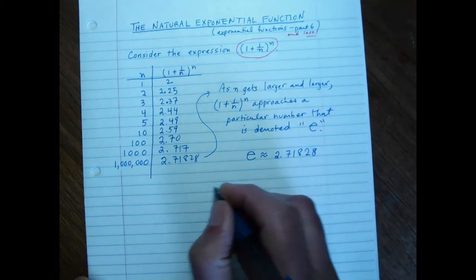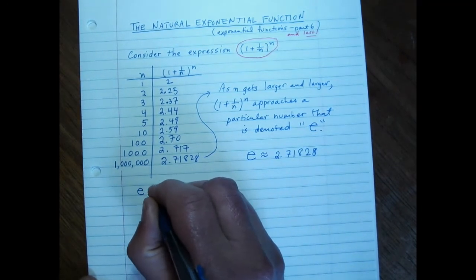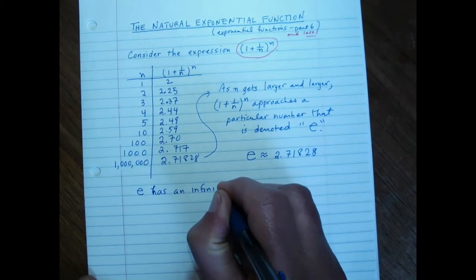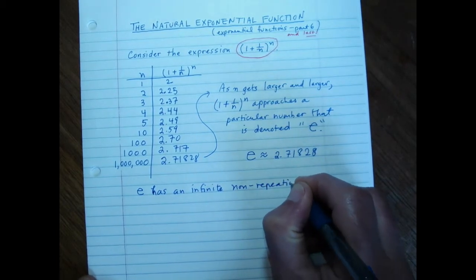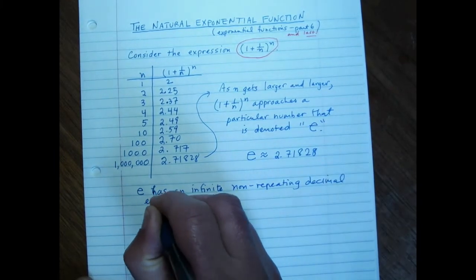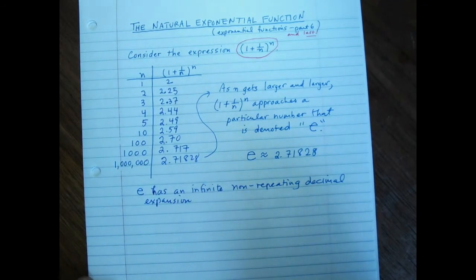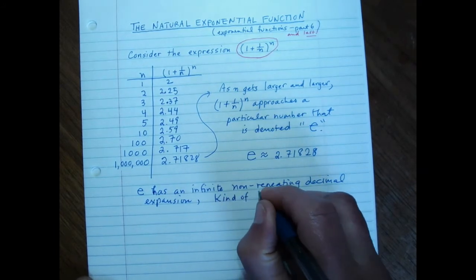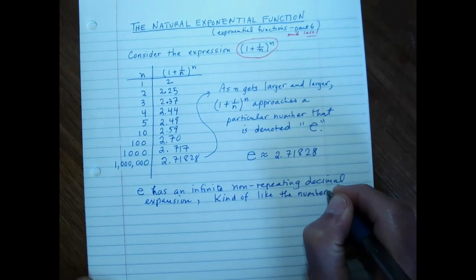And e actually has an infinite, non-repeating decimal expansion. So it's impossible to write down exactly what e is. It's kind of like the number pi.